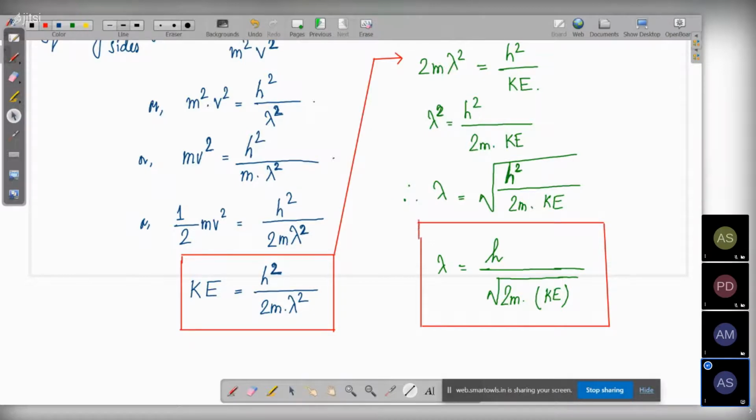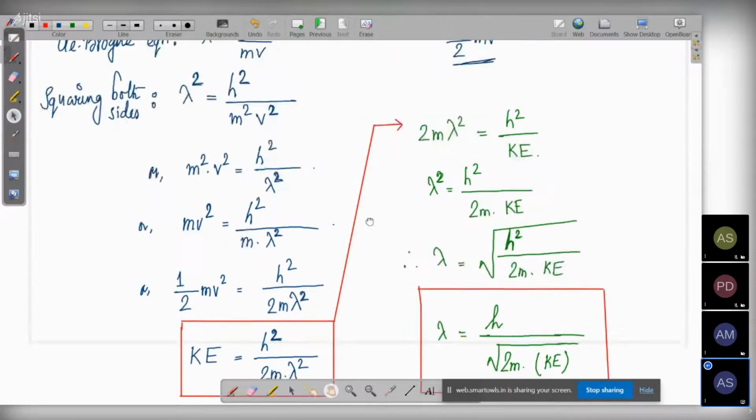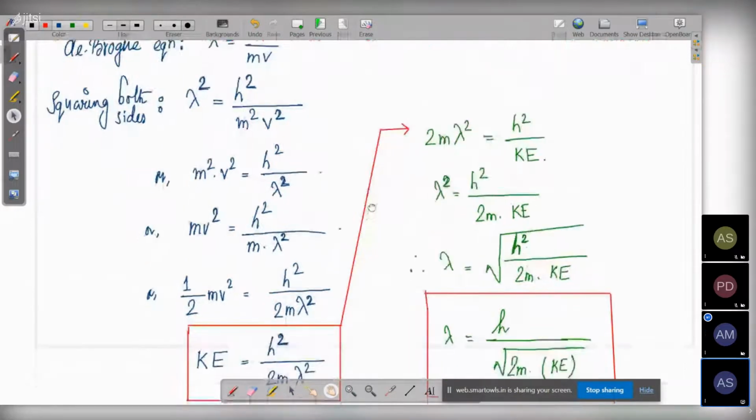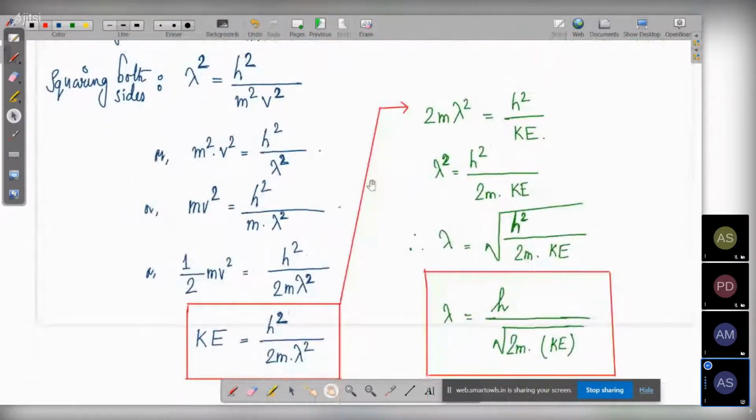It's not chemistry, just rearranging the equation so that we get to our required value. So is the derivation clear to everyone? Yes, sir. Okay.